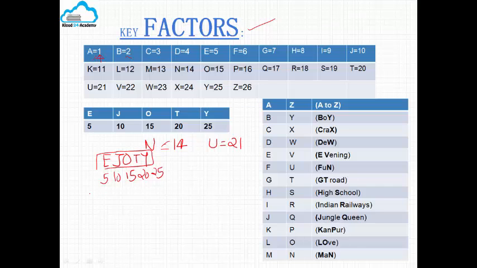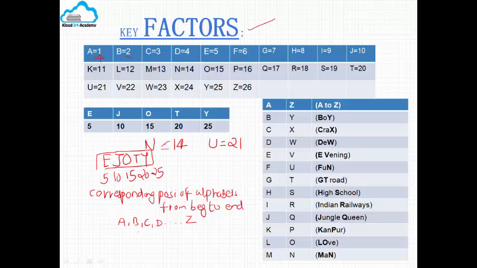Another important thing which we need to remember is the corresponding position of alphabets from beginning to end. Now we all know position 1 is of alphabet A. A is at first position from the beginning.